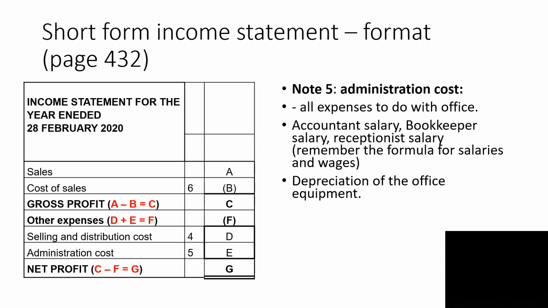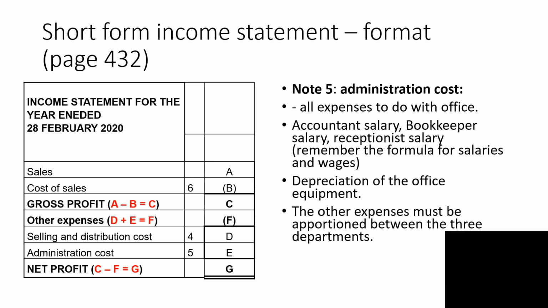That is depreciation of our computers and office furniture. It is charged to this department only. Then other expenses which must be apportioned among the three departments are rent, water, electricity, and insurance. We use our usual criteria, either a percentage, a ratio, or the space.